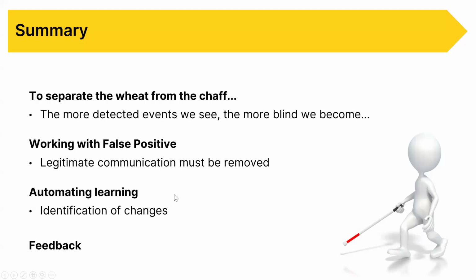So that's important. And the system will also automatically learn identification of all the changes. So that means the system will get smarter and smarter, so it will get easier to get only the real attackers in the network. We are almost there.